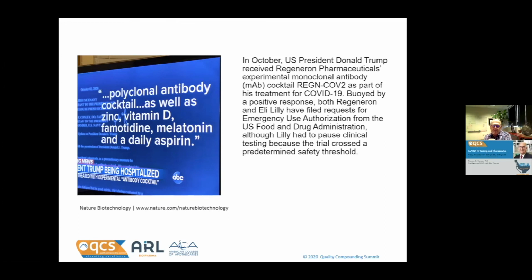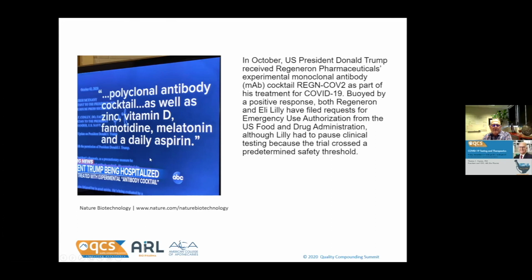This is a picture I took directly off the news. Caroline was watching the evening news, and it came up with the president, who we all know was in the hospital. It stated he was given a polyclonal antibody cocktail as well as zinc and vitamin D, and whatever else he was given. This was on ABC News. I don't remember which night it was on.